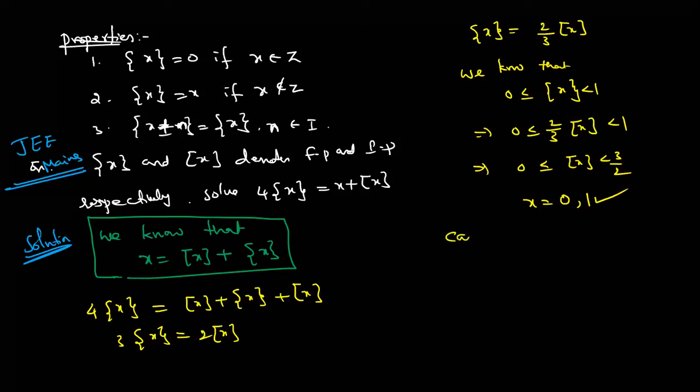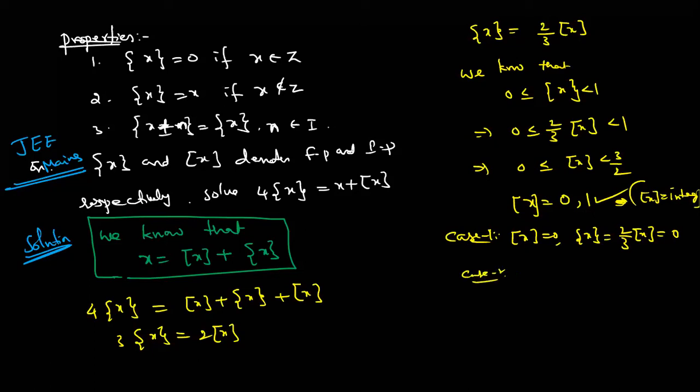Dear students, now see case 1. You should understand the integral part of x should be 0 or 1. That is the meaning. The integral part of x can be 0 to 3 by 2, which means 0 or 1, because the output should be an integer. Please add this point. Case 1: the integral part of x is 0, then the fraction part of x is 0.